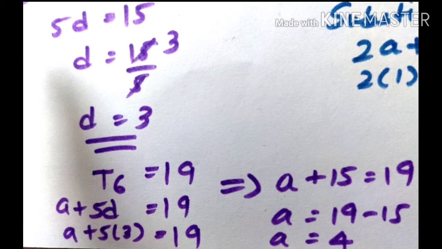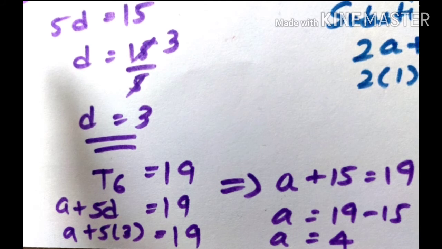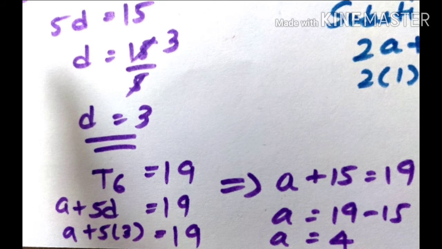A means the first term of the AP. Here in the question we need to find the AP. So students, once we have found the first term and the common difference of an AP, it is very easy for us to write our AP.